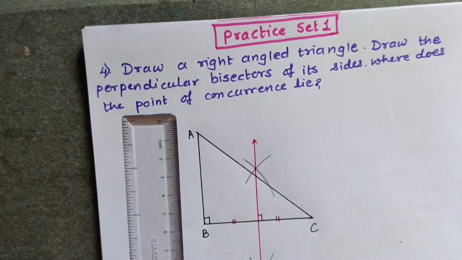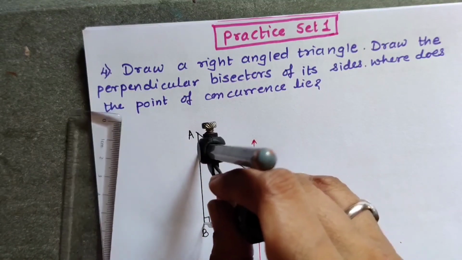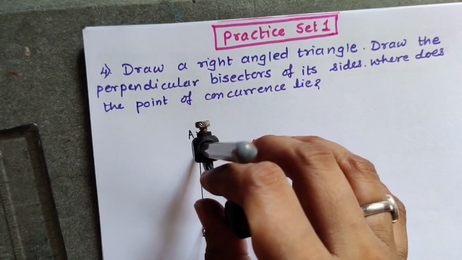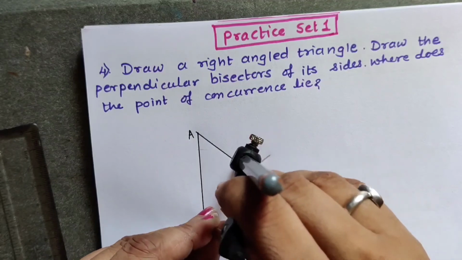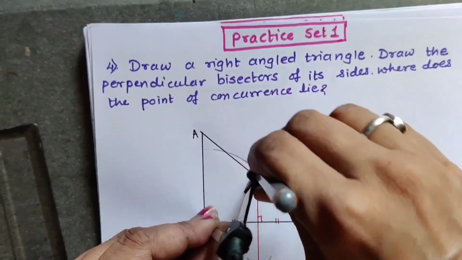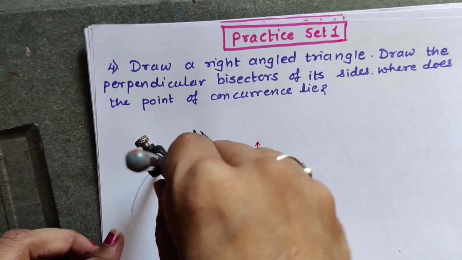Now same thing we are going to do for side AB also. Now I am going to take more than half distance in my compass. As you all can see, in compass we are having more than half distance of side AB. Now I am going to draw one arc on right hand side. Okay, one arc is on the right hand side, other arc is on the left hand side of side AB.